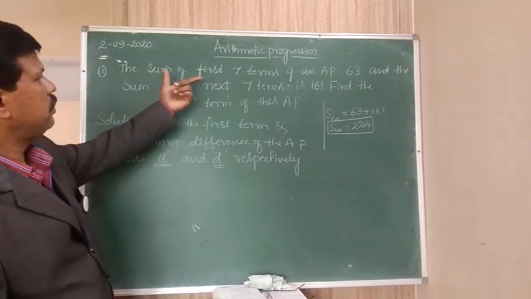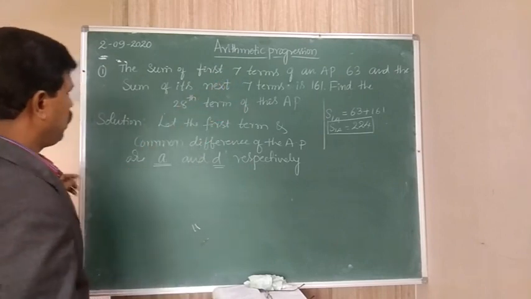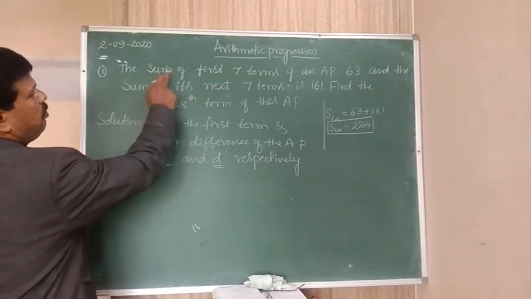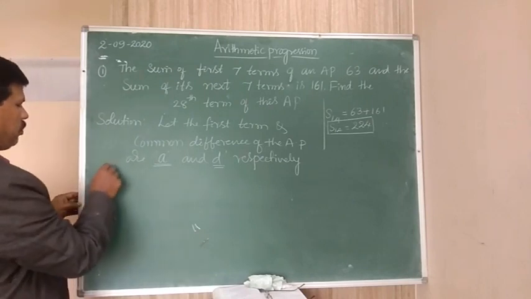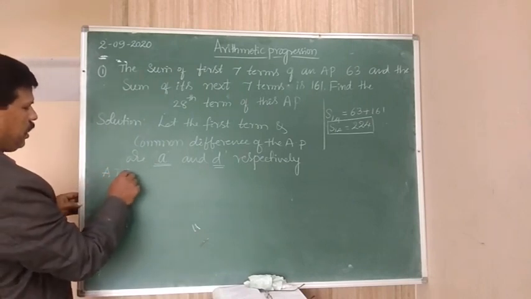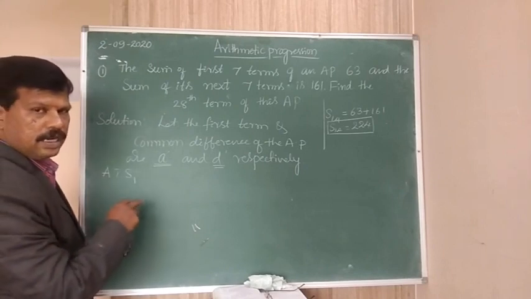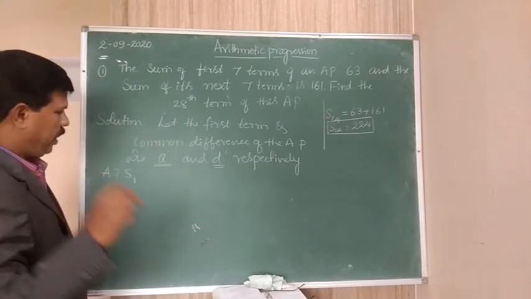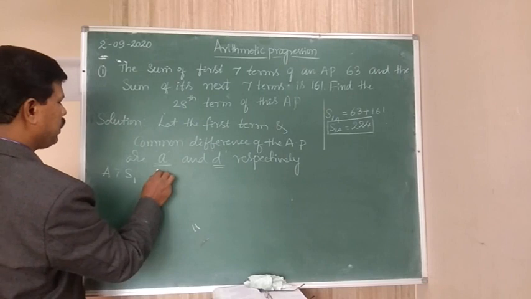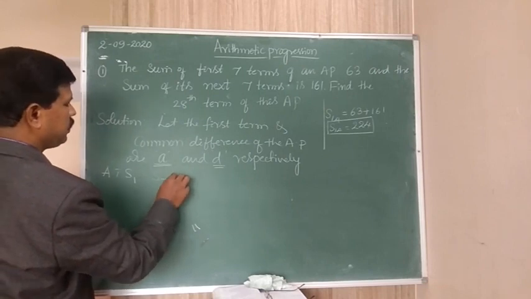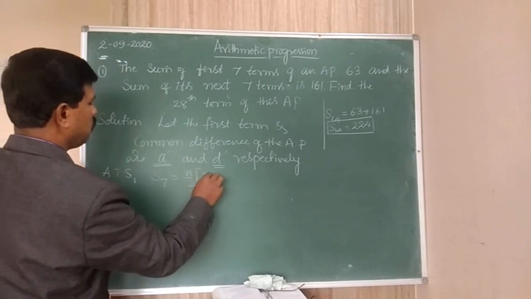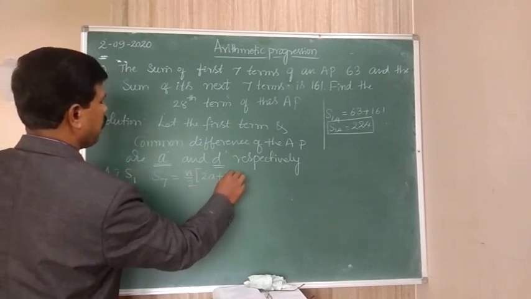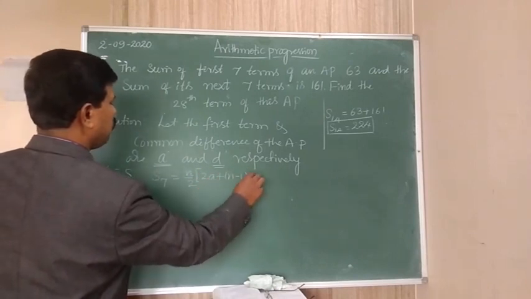Now according to the statement, the first statement, what is that? Sum of first 7 terms of an AP is 63. So I am writing this according to S1. According to statement 1, S7 is equal to n by 2 into 2a plus n minus 1 into d.